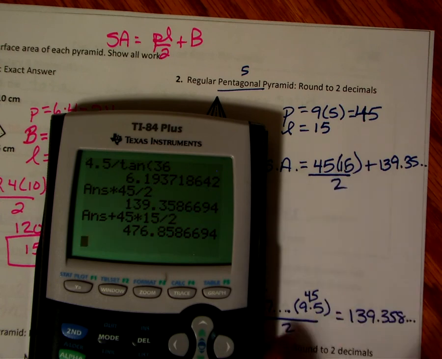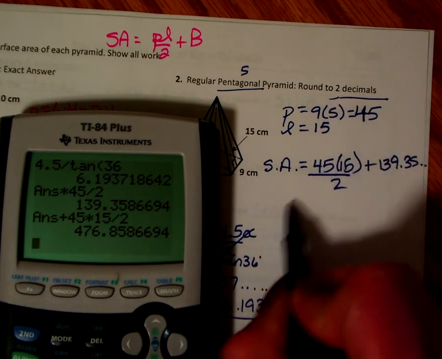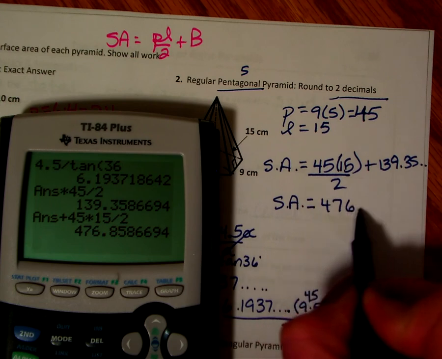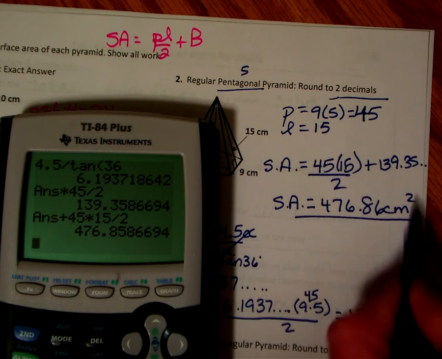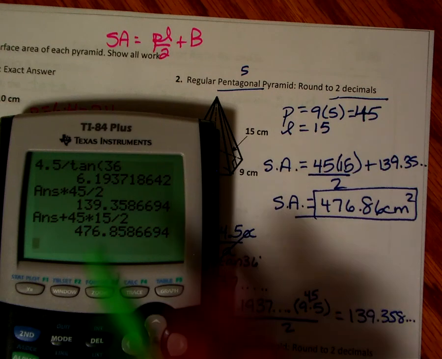Because these could be in whatever order. Okay, it says to round to 2 decimal places, so I get a surface area equal to 476.86, and I'm in centimeters, so centimeters squared. Okay, 2 more.